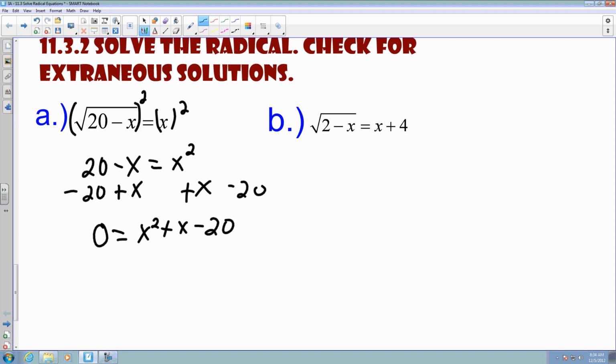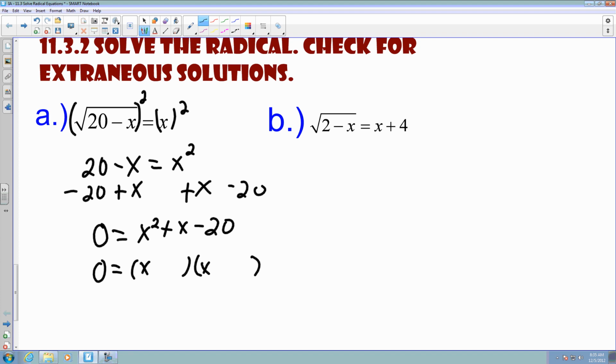And this kind of looks like a quadratic, which is what we learned in chapters 9 and 10. So this goes back to using the zero product property. I can factor this out, parentheses, parentheses. If it doesn't factor out, you could always use the quadratic formula. But this one does. So I got x and x.